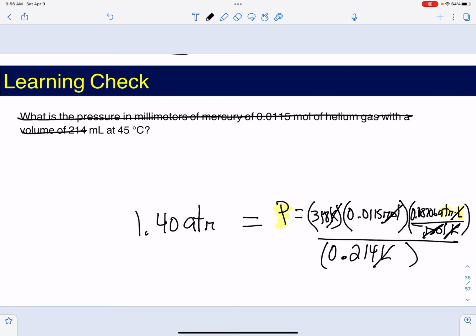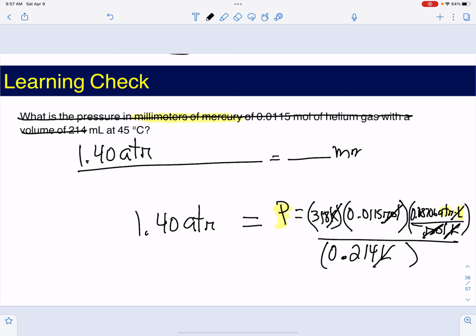But the problem is asking for millimeters of mercury. So we take our atmospheres. We're looking for millimeters of mercury, which means I do not care about the atmospheres. And I know that 1 atmosphere equals 760 millimeters of mercury.